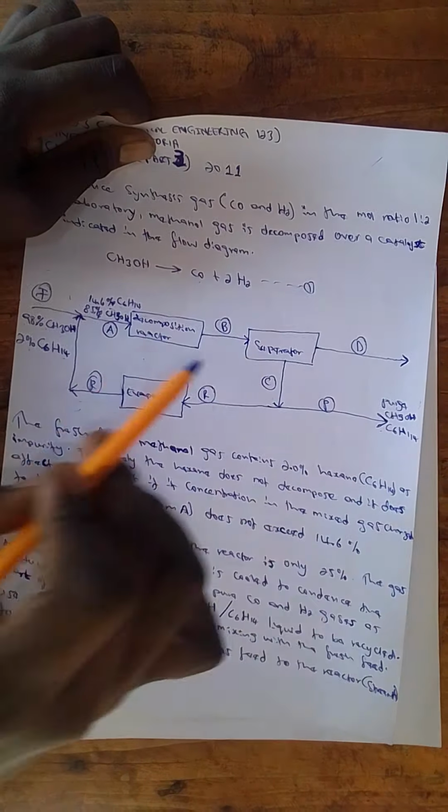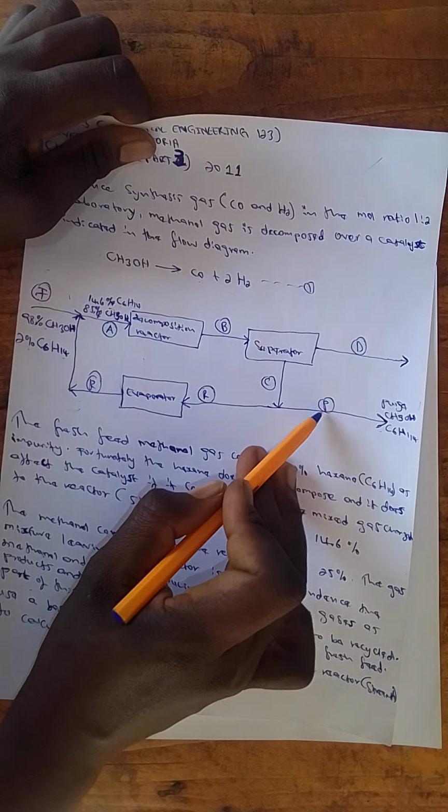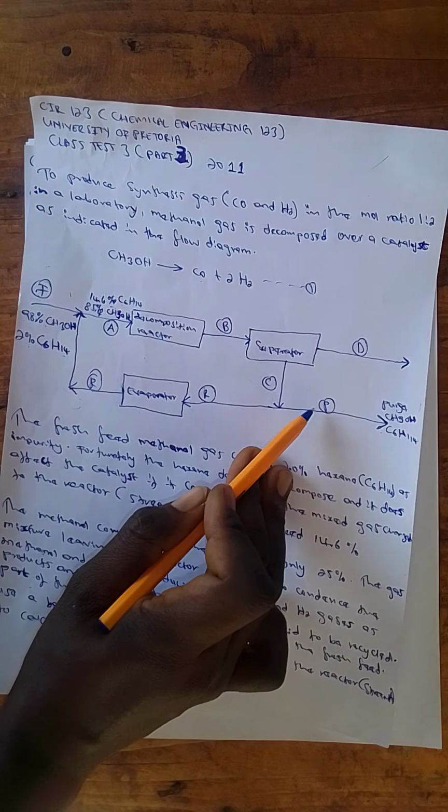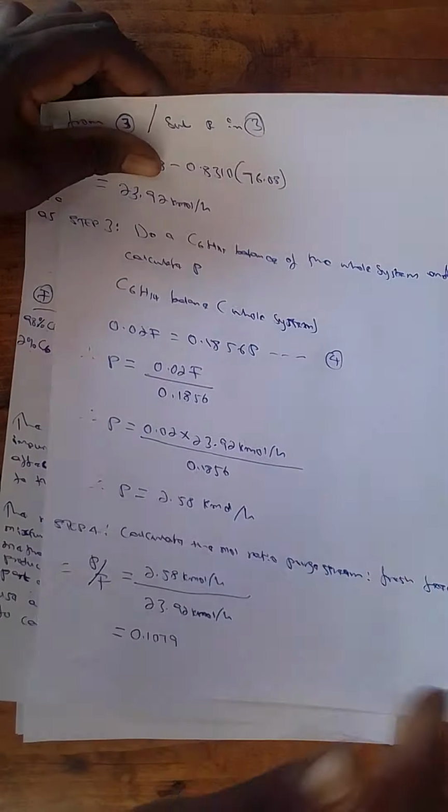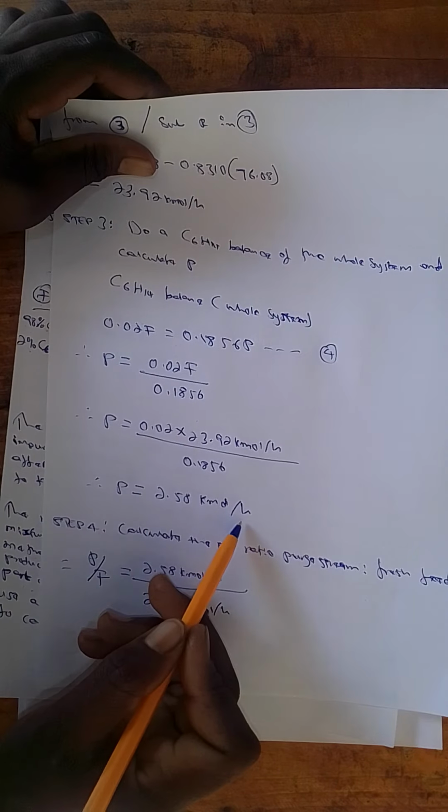We've discussed that. So the only methanol leaving is in stream P, and we calculated stream P in the previous steps to be 2.58 kilomole per hour.